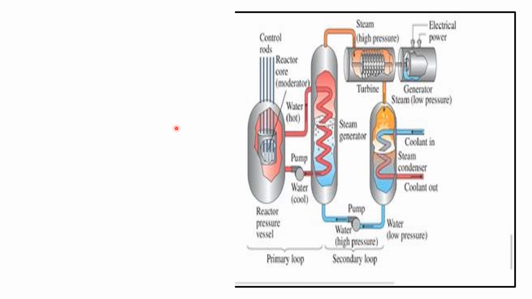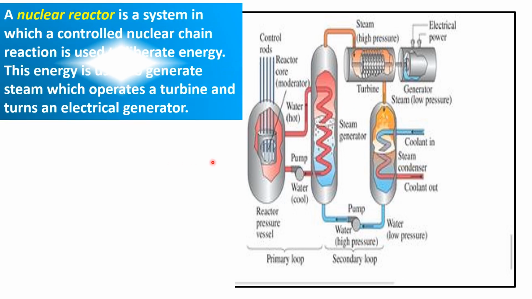All right, so before we proceed to question number 3, let's first talk about a nuclear reactor. We have here a schematic diagram of a nuclear reactor. So what is a nuclear reactor? It's just a system in which a controlled nuclear chain reaction is used to liberate energy.